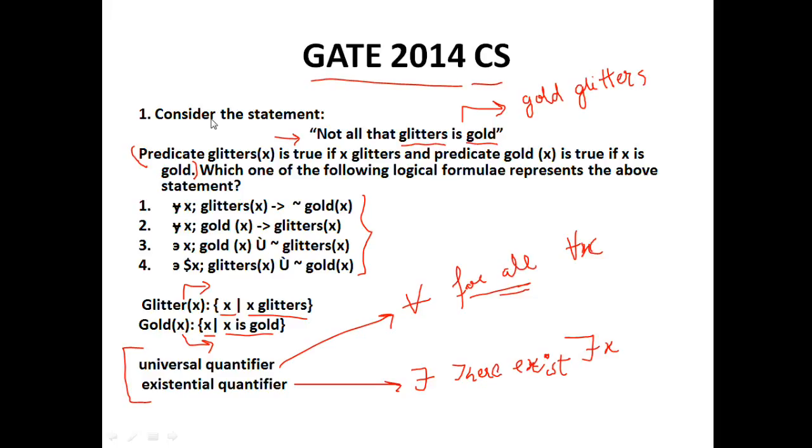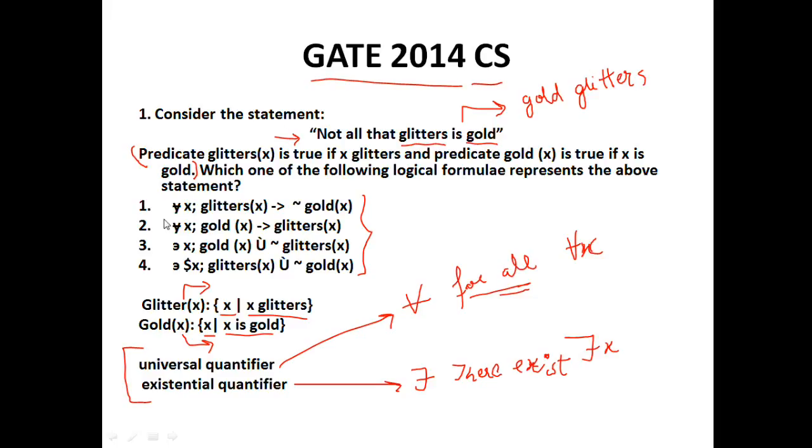I know this is confusing at the first time, but this needs to be cleared. Even though the statement says not all that glitters is gold, it only says this much. It does not mean that every gold glitters. We cannot assume that. We are not trying to infer something from this statement. We're just trying to represent the statement exactly as it is.